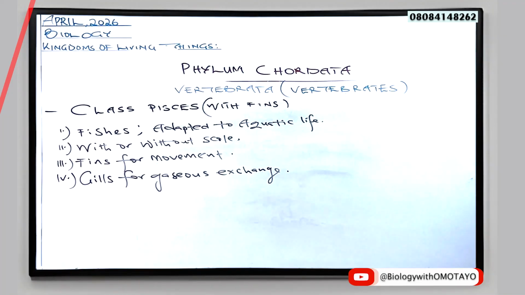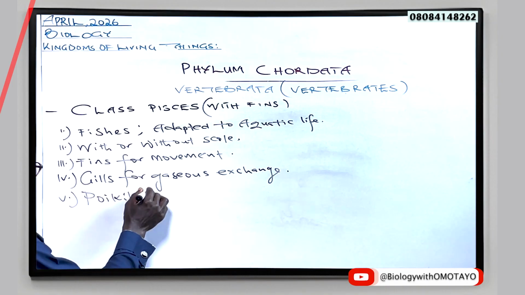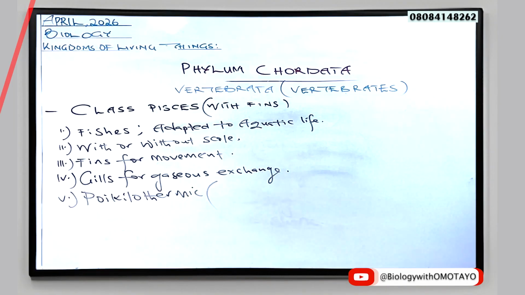Gill is used for gaseous exchange, and usually they are said to be poikilothermic. What do we mean? Usually, it is said that poikilothermic means cold-blooded animals, but that does not do good justice to the meaning.